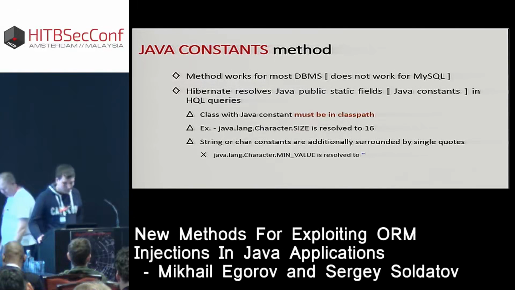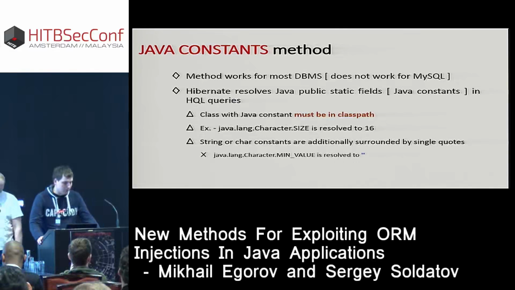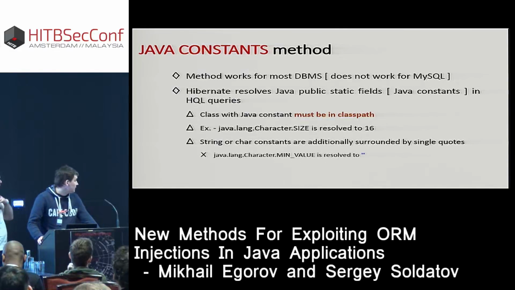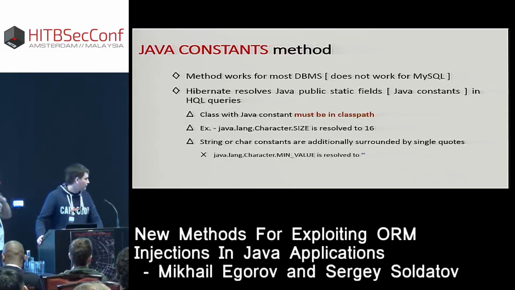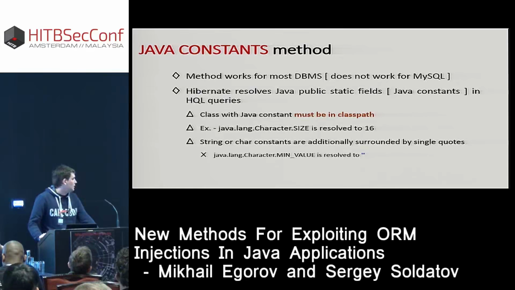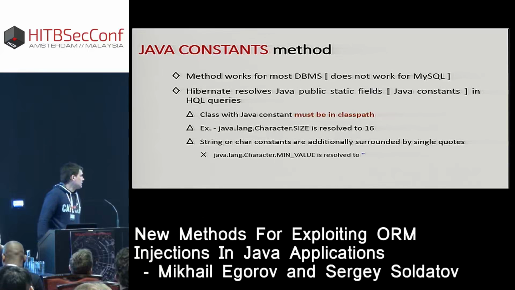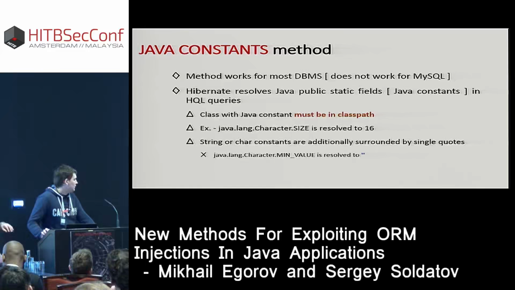The last method we want to present is called the Java constants method. This method works for most database management systems except MySQL. But it heavily depends on classes that are on the class path of the application we are attacking.